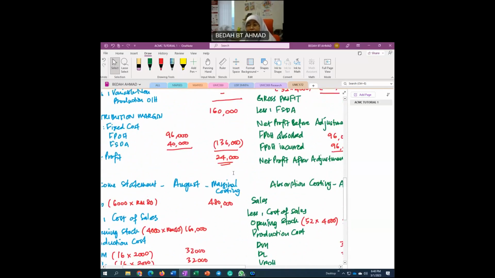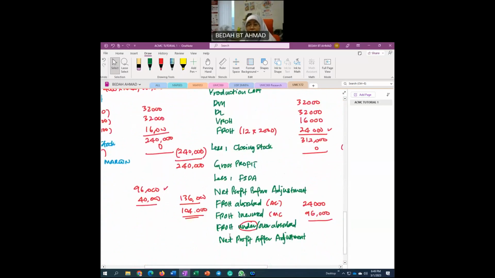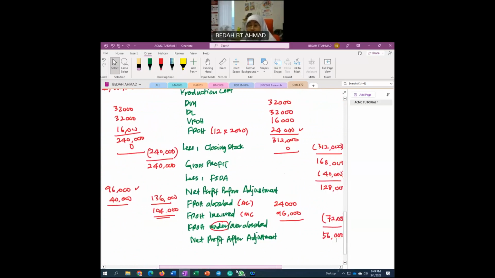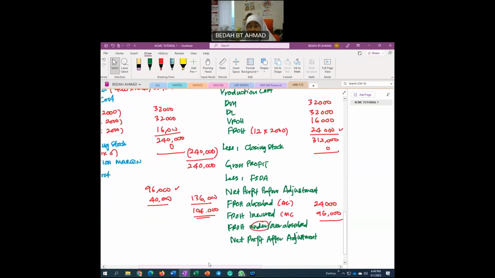Okay, so clearly in both months we have different net profits. In July, marginal costing is 24,000, absorption costing is 72,000. And for August, marginal costing is 104,000, and the absorption costing is 56,000. Okay, this difference in the profit needs to be explained.